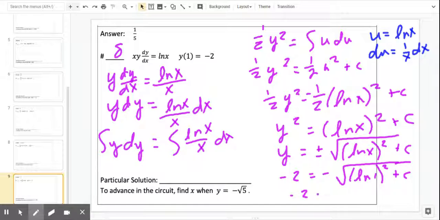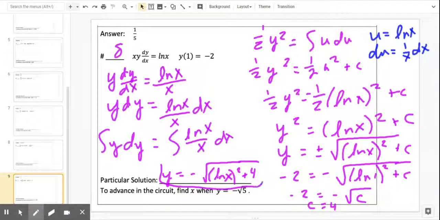So -2 equals negative square root of 0 plus c, which means we square both sides, c equals 4. So our particular solution is y equals negative square root natural log of x squared plus 4. So that's the particular solution here.